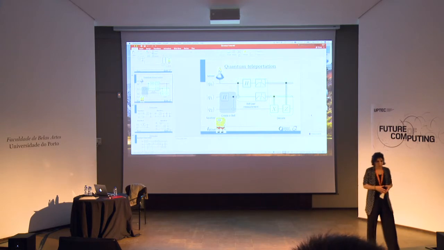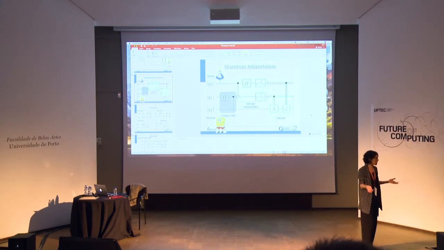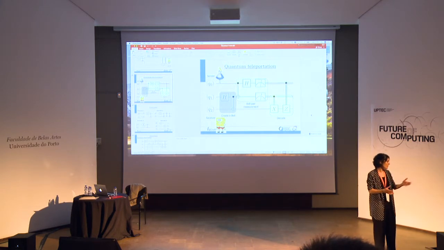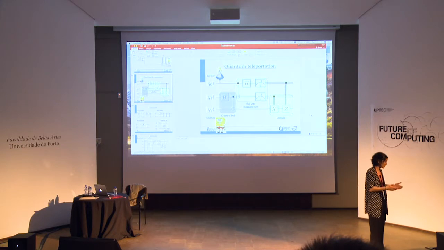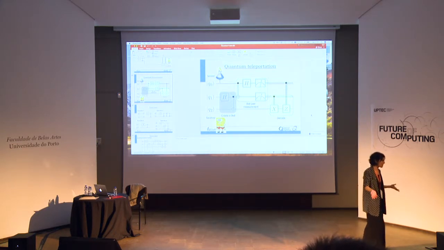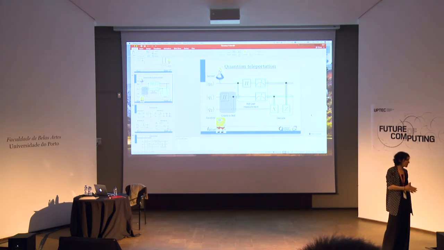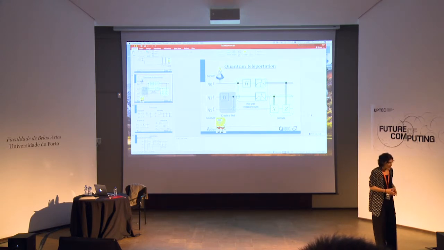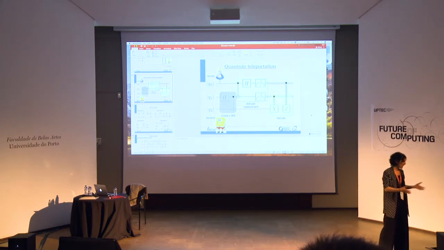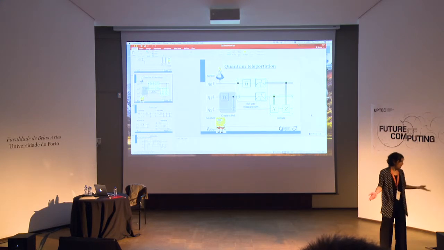There are several examples from an algorithm point of view. The most famous example is about factorization. It's not the most realistic one, because to factorize, for example, a 2,000-bit number, you need millions or even billions of qubits, in principle. But if you want to decompose a 2,000-bit number with a classical computer, that's kind of impossible.